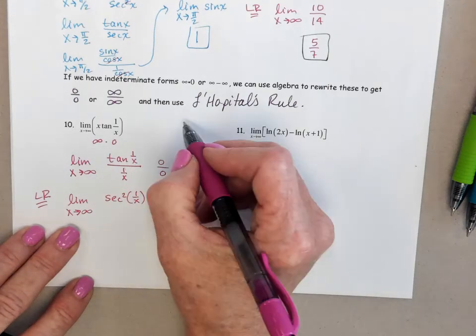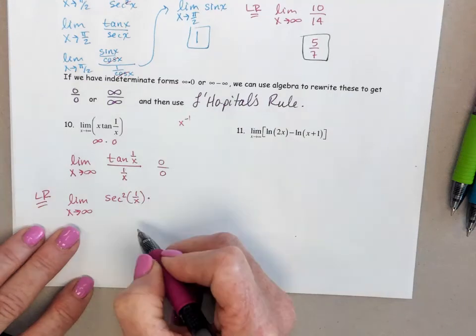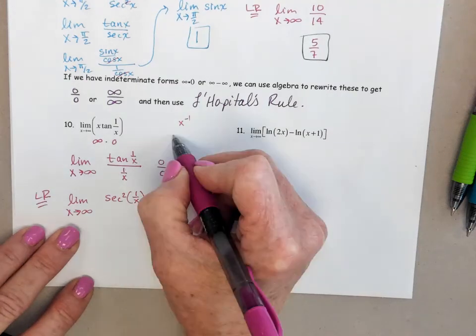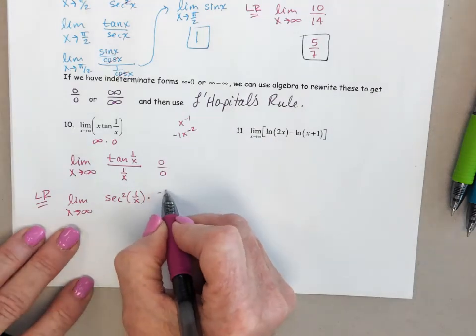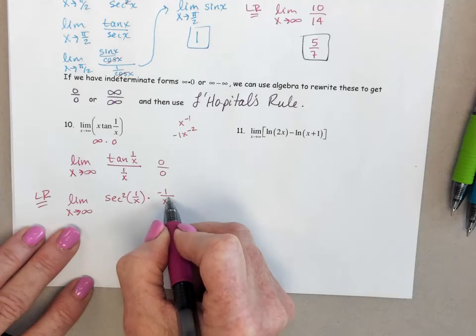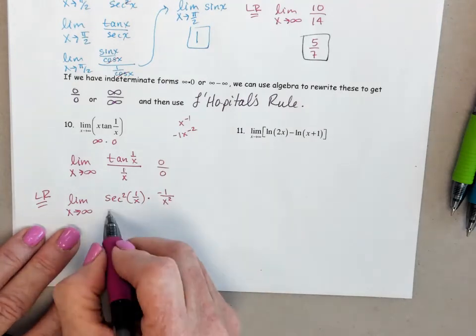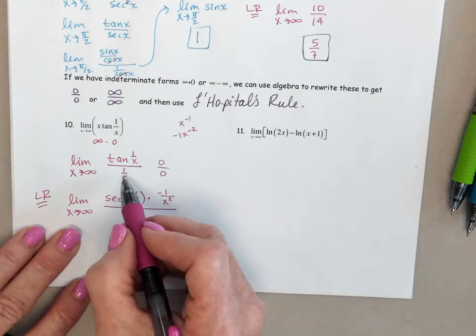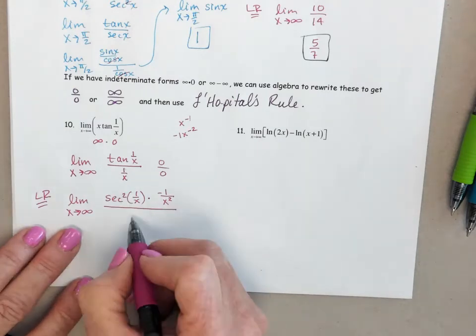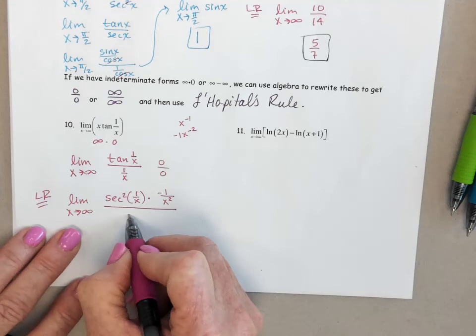The 1 over x is x to the negative 1, and the derivative of that is negative 1 x to the negative 2. I'm going to write it back as a fraction: negative 1 over x squared. In the denominator, the derivative of 1 over x is the same thing, negative 1 over x squared.